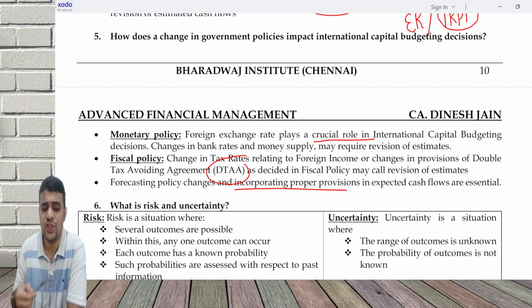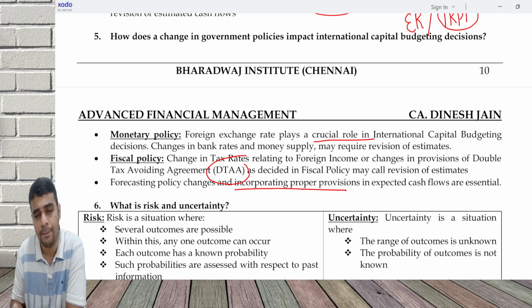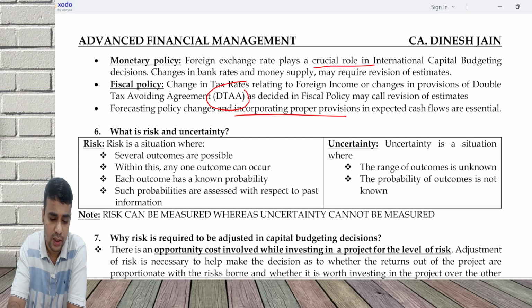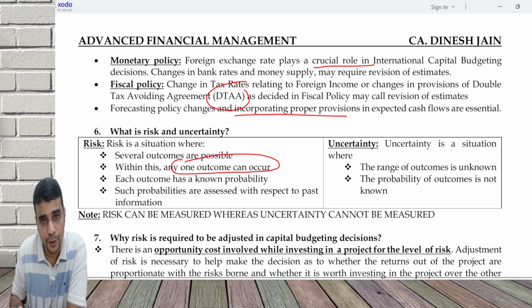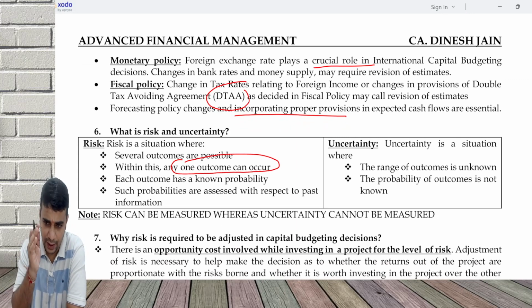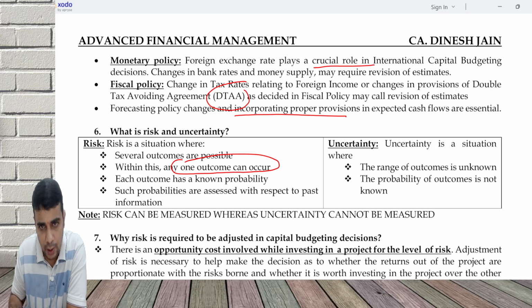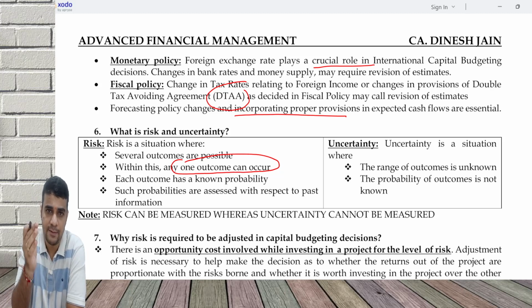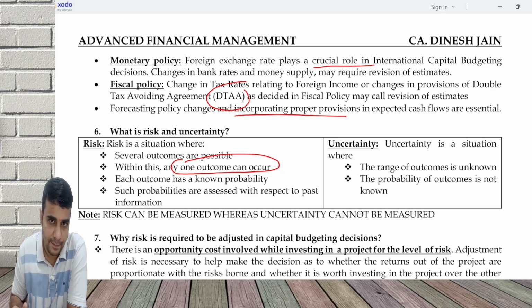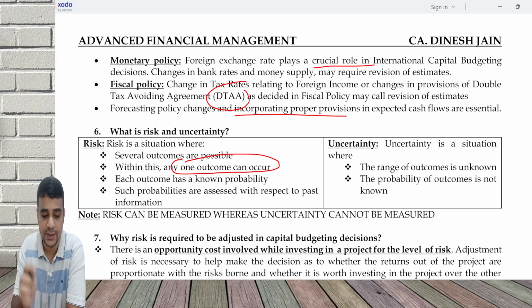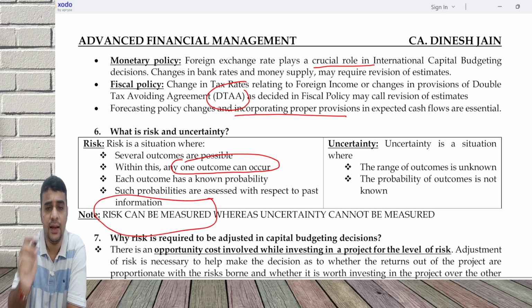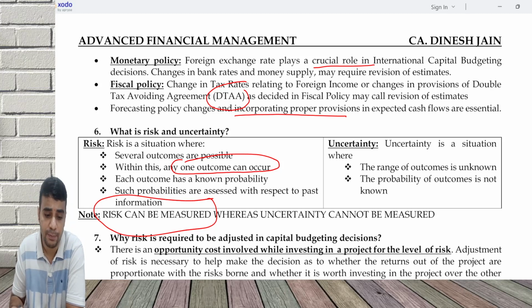Within that, we are sure that one outcome will occur, and you attach probability to this. So if you're able to attach probability to various outcomes, as we did with the NPV probability, I attach probability, get a product, get a deviation, get a PD square. So automatically risk can be measured with the help of standard deviation.